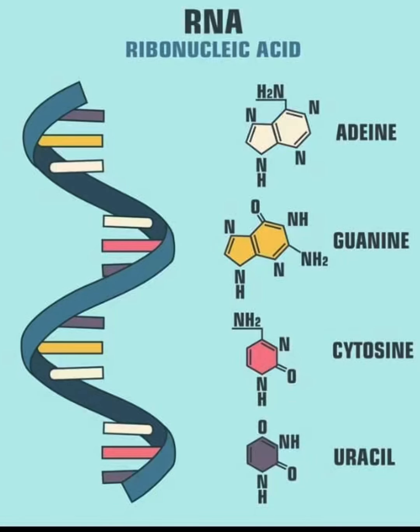Like DNA, RNA is also made up of nucleotides, but there is a difference. RNA contains the nucleotide uracil instead of thymine, which is present in DNA. This uracil pairs with adenine just like thymine.